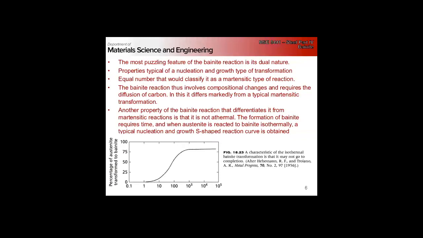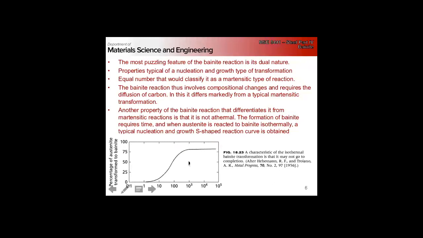But it involves compositional changes, so we still partition, right? And it requires the diffusion of carbon at some level, and this makes it very different than a typical martensitic transformation, right? And as I mentioned before, it's not athermal, it requires time.